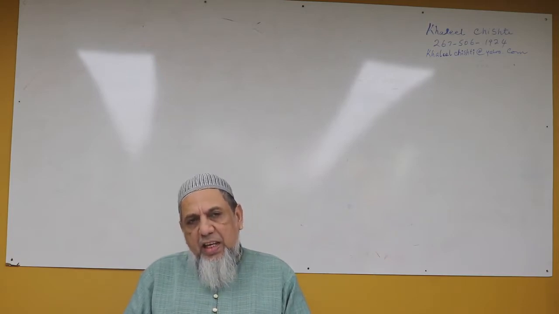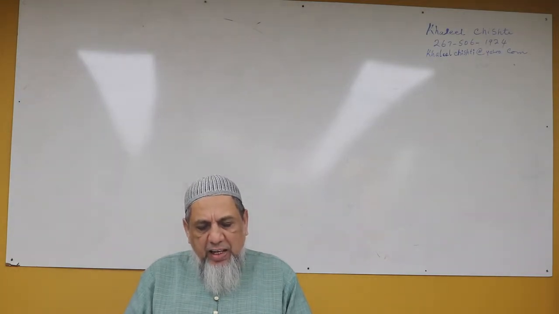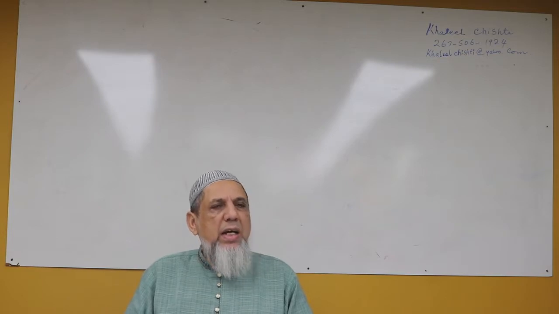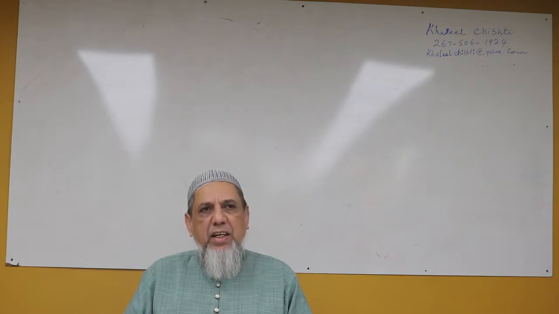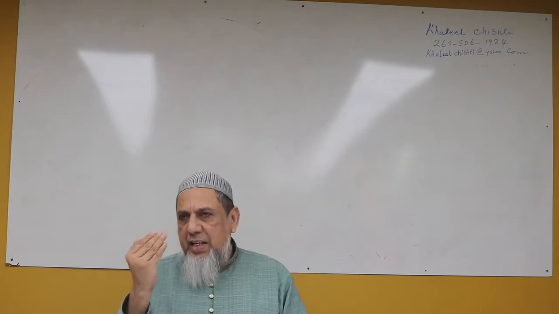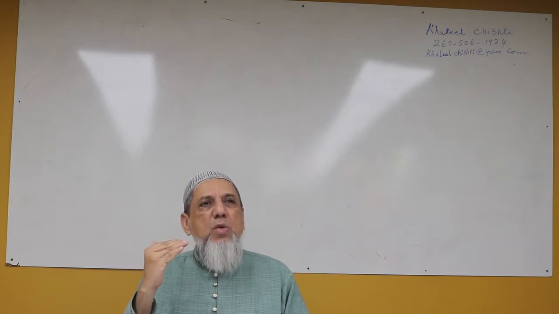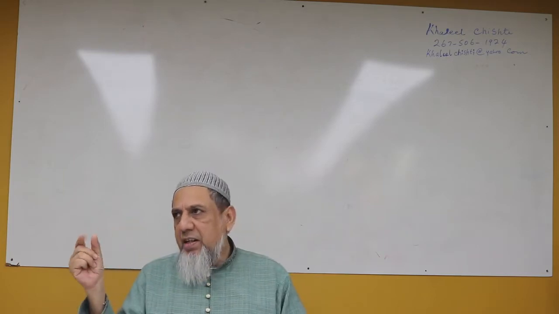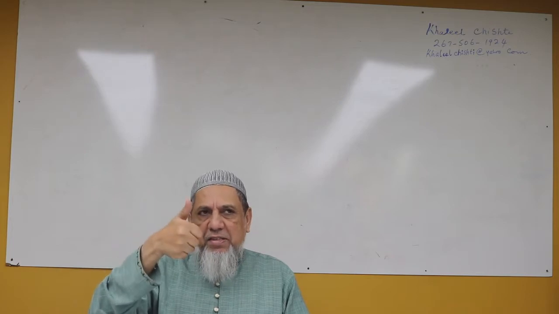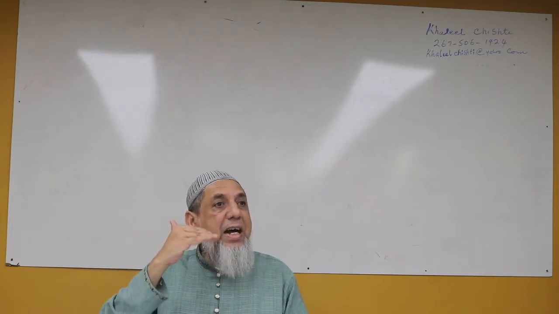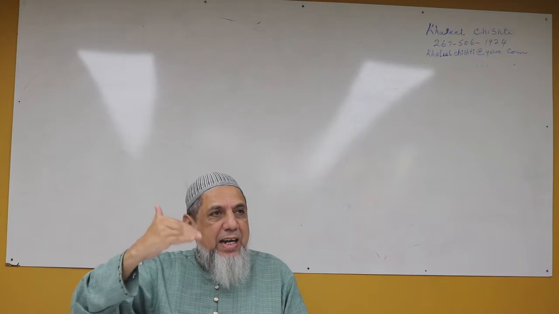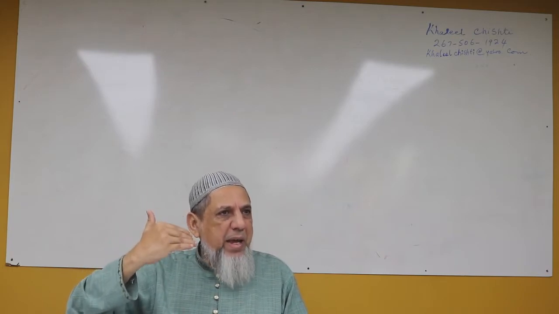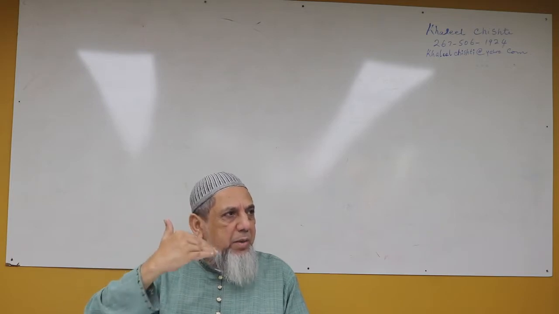Now there is a sign called jazm or sukoon. It makes the letter sakin because the sound doesn't move forward. We said dhamma, fatha and kasra are harakat. They make the letter mutaharrik.